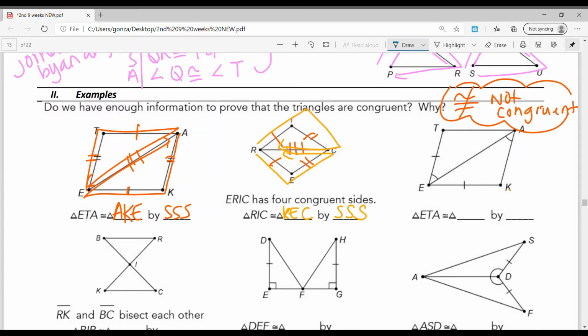Okay, so now I have triangle ETA, and I have triangle EAE, but it already has the markers on there. So ETA has an angle and a side.